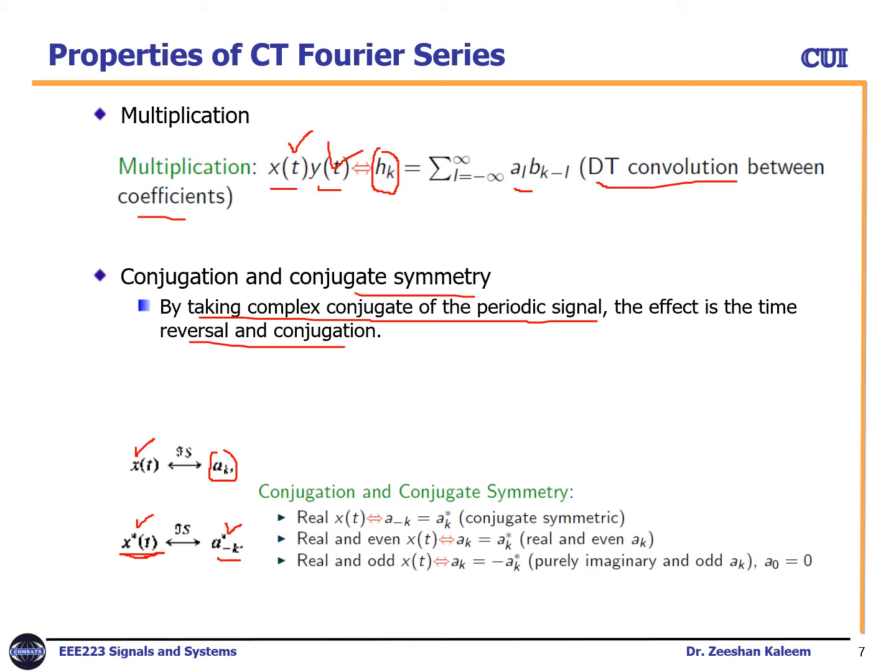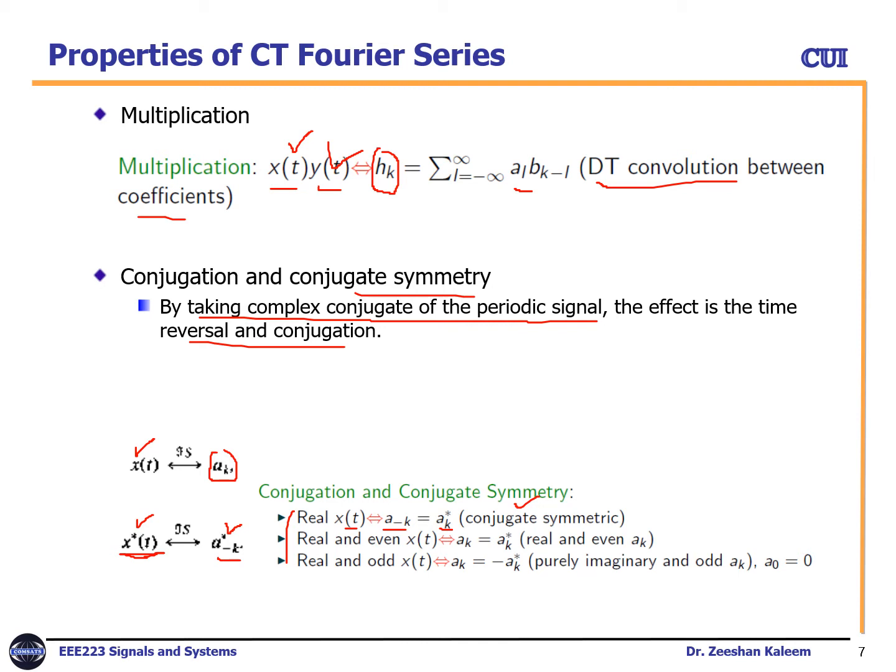There can be three cases in this scenario. Whenever you have a signal which is real, in the Fourier series a_(-k) is equivalent to the conjugate of a_k, so it is conjugate symmetric.